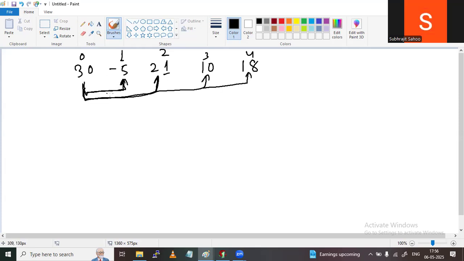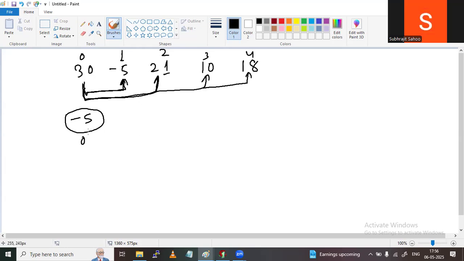After this pass, I will definitely get minus 5 at the beginning, at the zero position.